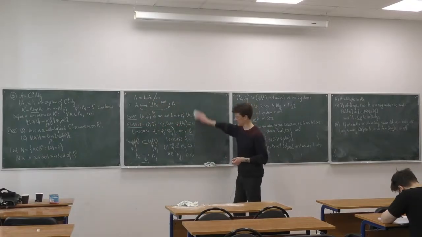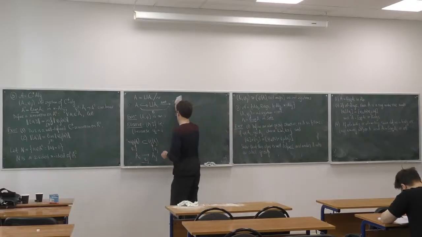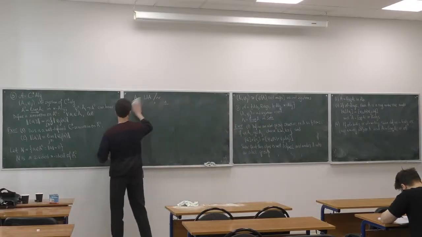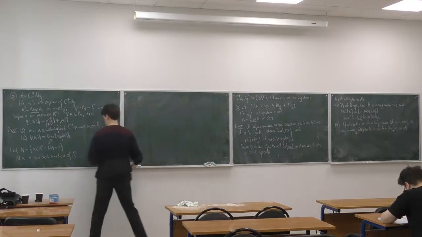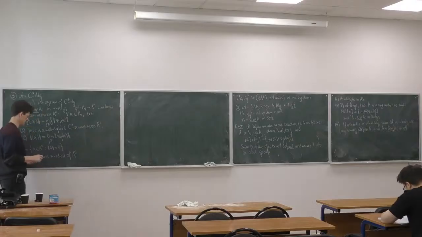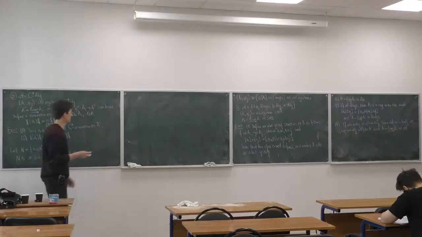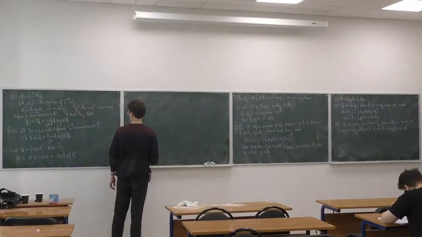If the seminorm of A is 0, then the seminorm of AB for every B is also 0, and the seminorm of BA is also 0. So this is a two-sided ideal, and actually a two-sided star ideal.